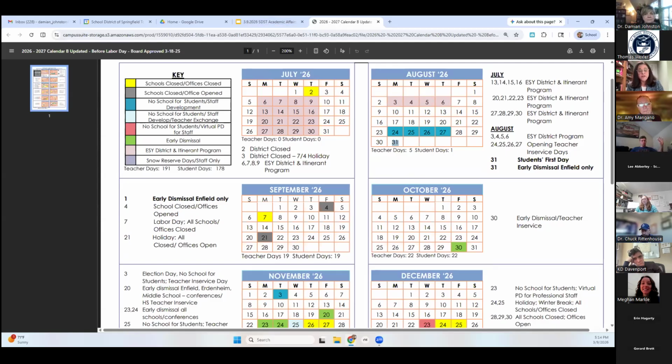And for graduating seniors, many colleges and universities actually start offering their visitation days in that third week of June. And so we made the move several years ago to get the calendar approved for before Labor Day. And you'll see Dr. Johnston is circling August 31st, which is the first day of school for the coming school year. That's a fancy trick, Dr. Johnston. Thank you very much for the assist.